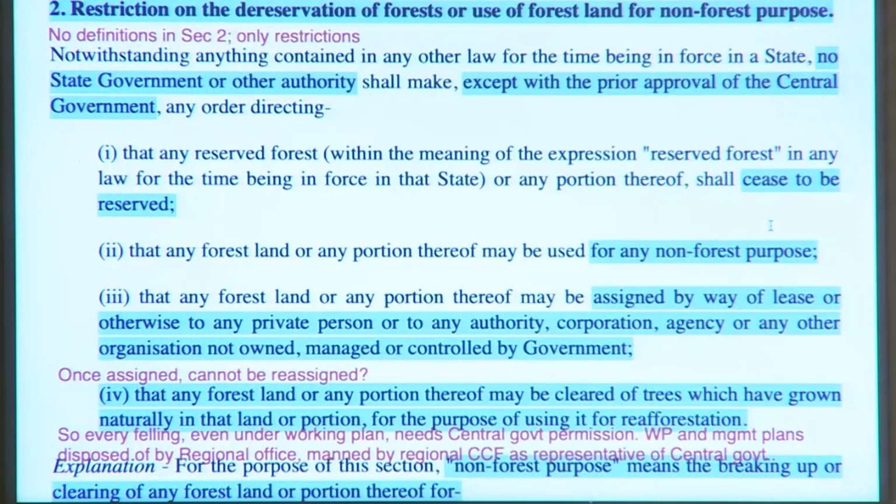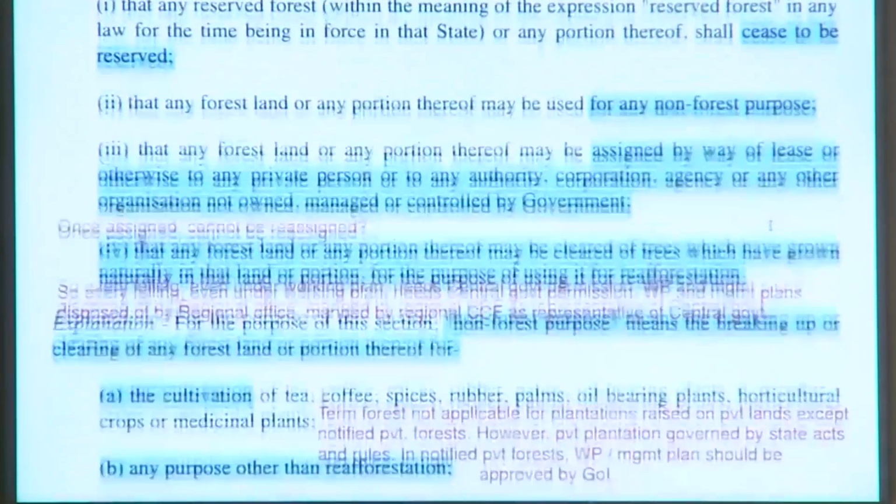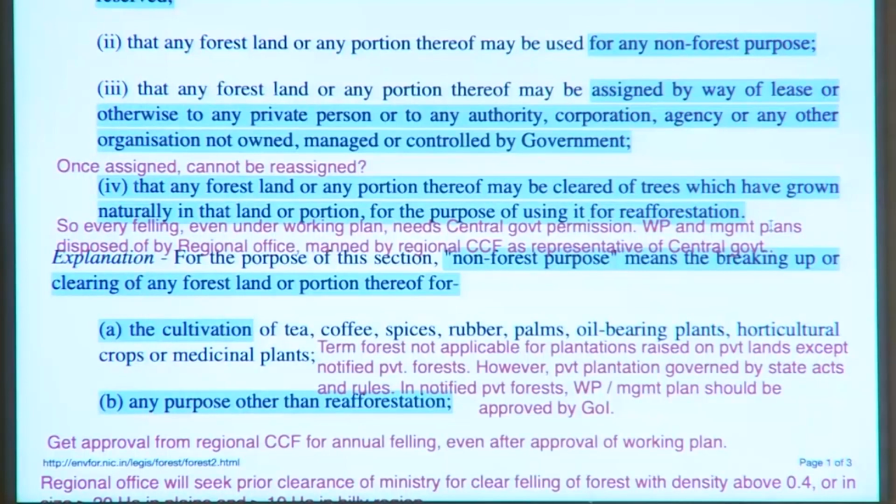Now, this is a central act, and it says that no state government or other authority shall make, except with the prior approval of the central government, any order directing that any reserve forest or any portion thereof shall cease to be reserved, any forest land or any portion thereof may be used for any non-forest purpose, any forest land or portion thereof may be assigned by way of lease or otherwise to any private person or to any authority, corporation, agency or any other organization not owned, managed or controlled by the government, that any forest land or any portion thereof may be cleared of trees which have grown naturally in that land or portion for the purpose of using it for afforestation.